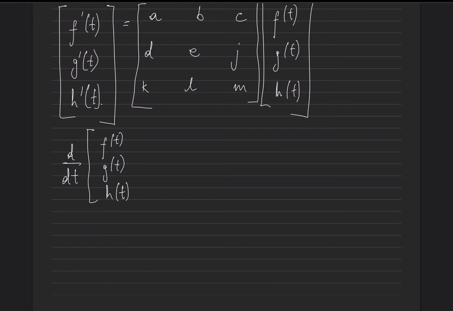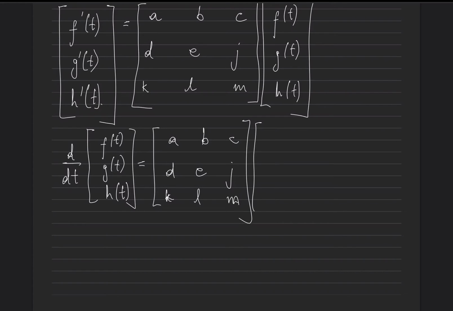I'm sorry, not times. This is just the different entries. And this would be equal to A, B, C, D, E, J, K, L, M. And this would be, well, as it was before, it remains as it was, and then h of t.